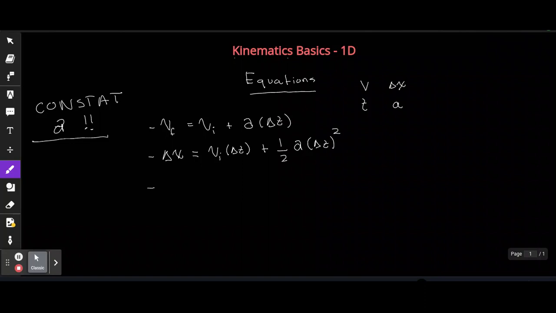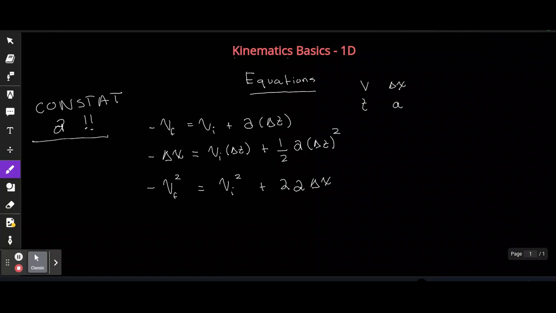Next, we have our final velocity squared equals initial velocity squared plus 2 times our acceleration times our displacement.